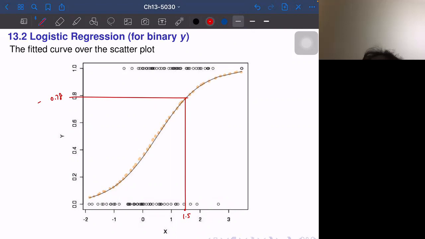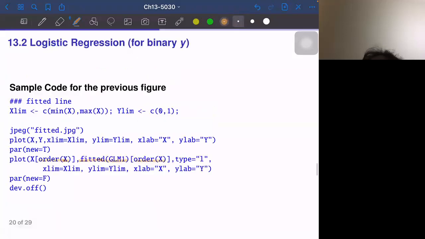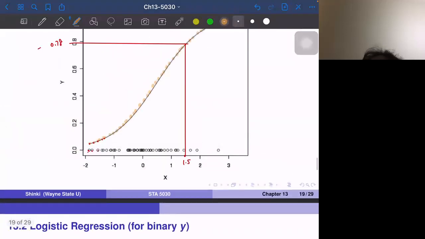For each observed x value, we calculated the fitted probability, and I connected these 100 points. We use just the fitted value of GLM1. But the important thing is that we have to order it by the order of x values. If you randomly connect, then we cannot get a smooth curve.